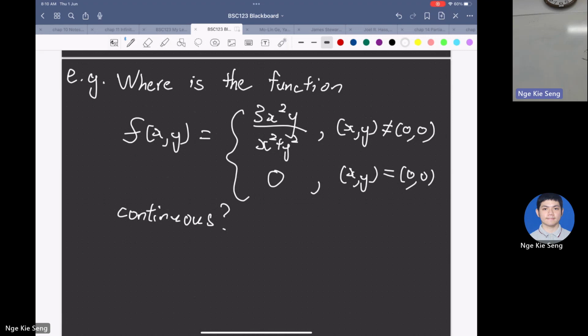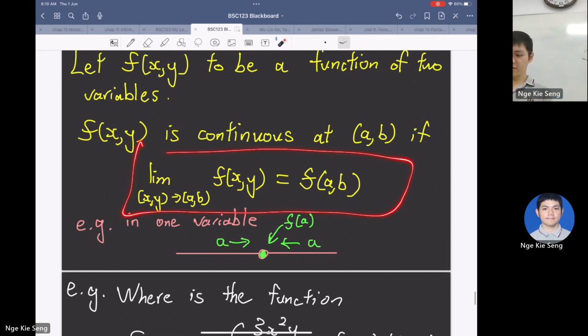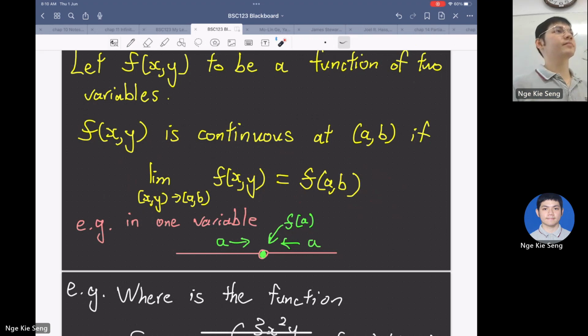So is this continuous? Try and show it. See if the limit of f agrees with 0 or not. So you need to answer whether it's continuous or not, right? You need to go back to the definition. Show that the limit of your function is equal to the value of the function at that point.